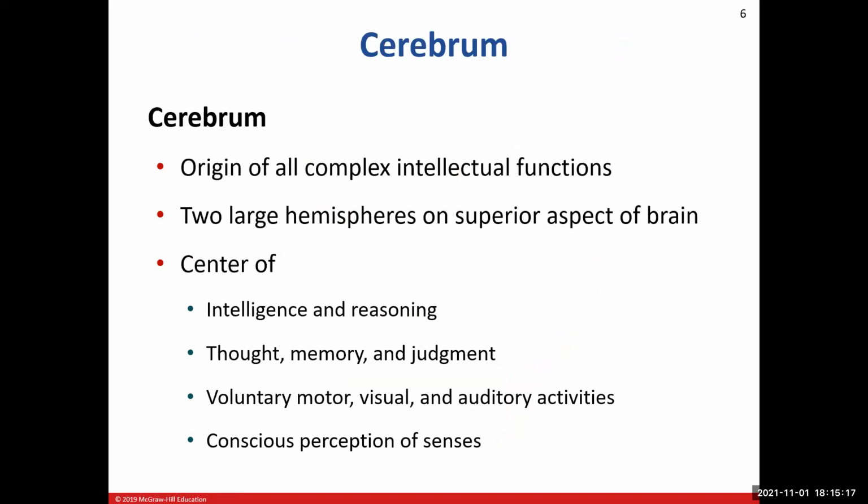So let's start off. We're going to go through each of the regions here. We're going to start off with the largest region, the cerebrum. Right off the bat, you need to know that in the cerebrum, this is where all our higher order or complex intellectual functions occur. Decision-making, personality, judgment, critical thinking, all of that is going to be found here in the cerebrum.